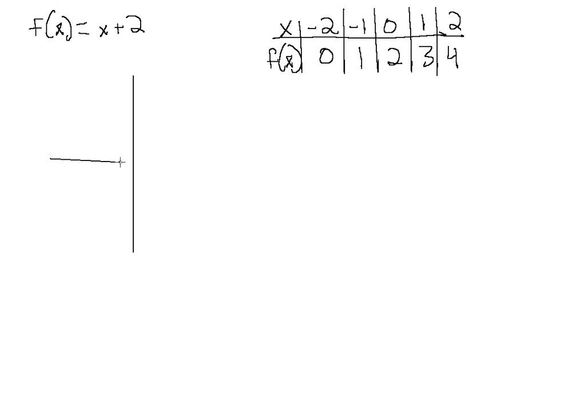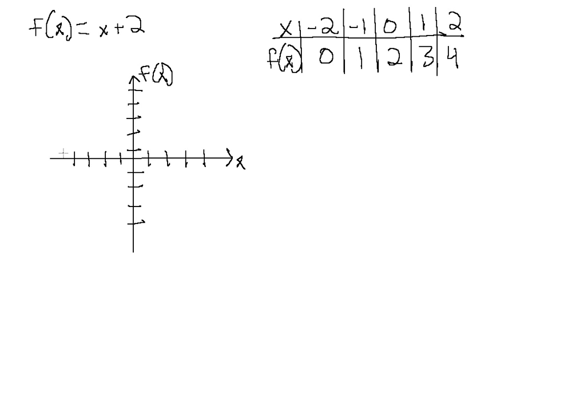So let's go ahead and do so. This is our f of x axis. This is our x axis. Alright, so now we have 5 points that we know are contained in our function.